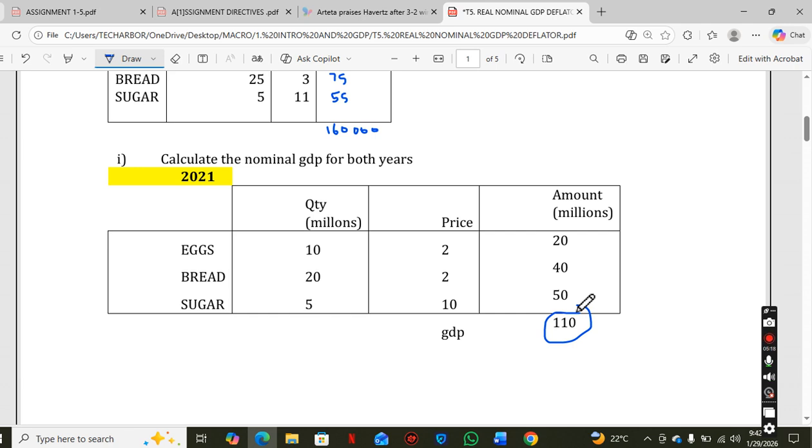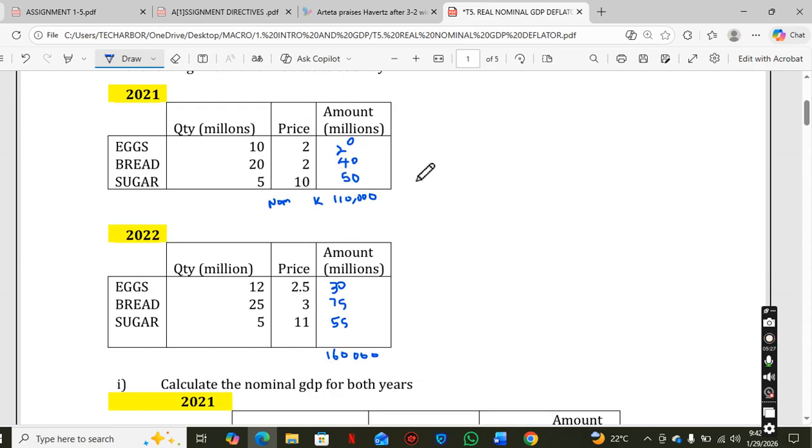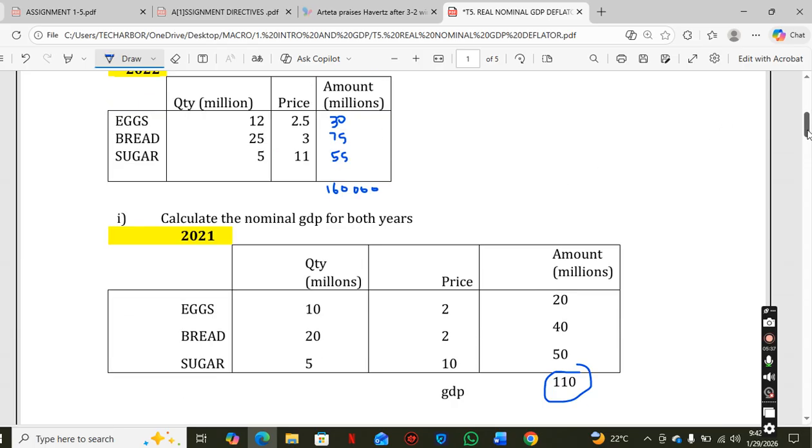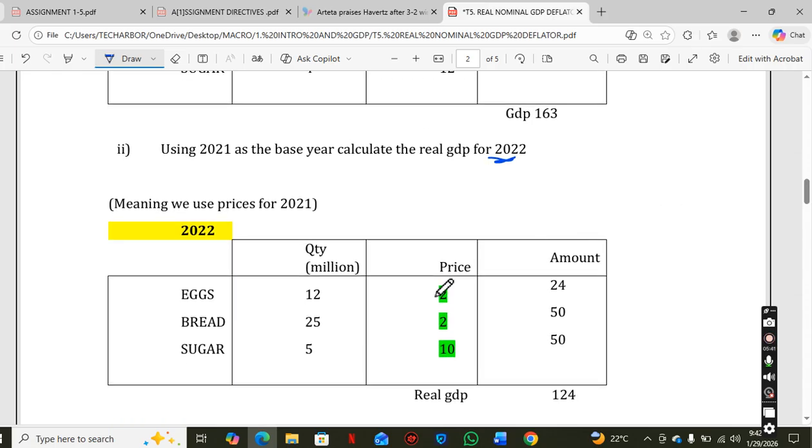Now for 2022, okay, we're not going to use the prices for 2022. We're going to use the prices for 2021. Okay, these prices here, these two kwacha and this 10. All right. So let's see where I put my workings. Yes, as you can see here, the prices that we are using are for 2021.